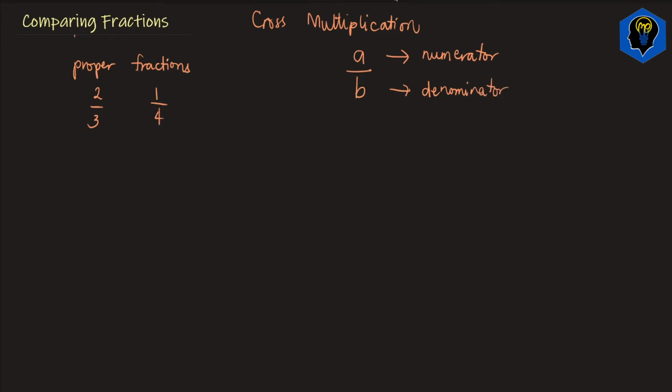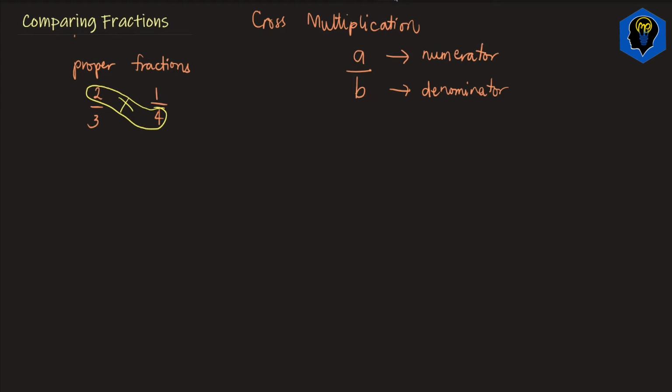Okay. Now, in cross multiplication, you multiply the numerator of one fraction. So, let me just use a different color. So, numerator of one fraction multiply with the denominator of the other fraction. So, let's say this one, you have 2. You multiply it with 4.